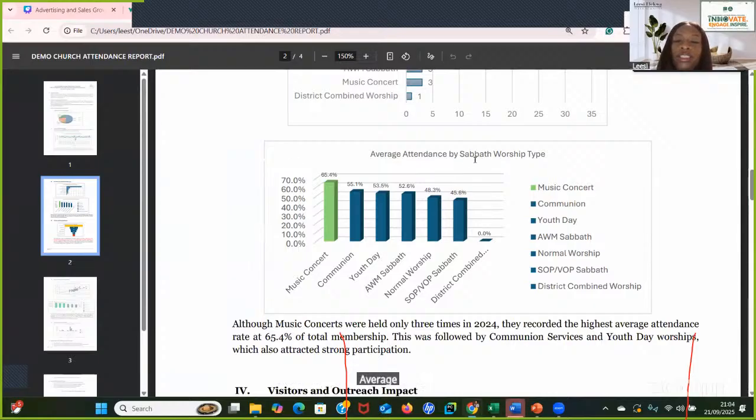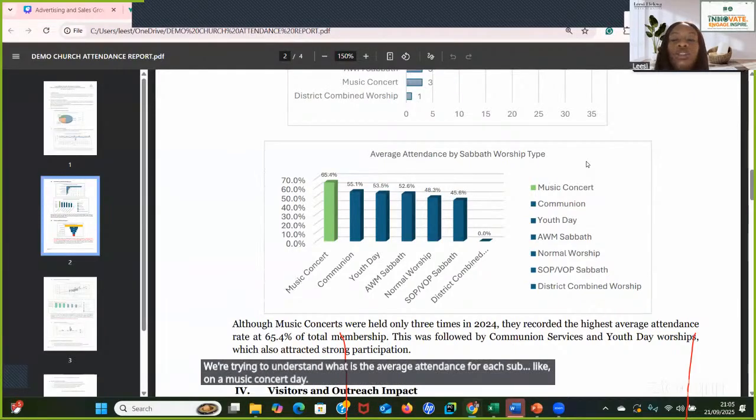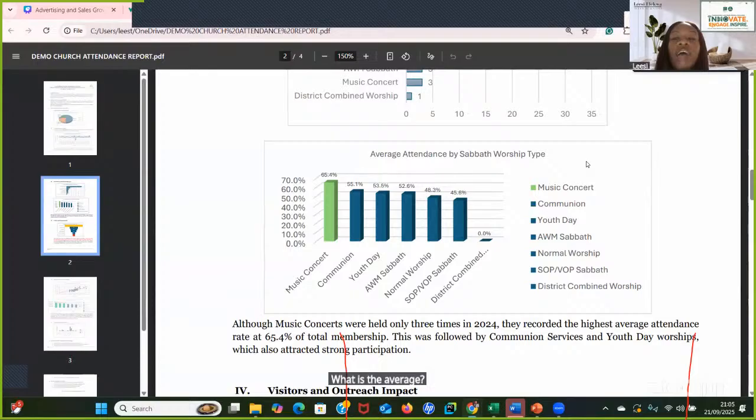Average attendance by Sabbath worship type. This insight is trying to help us understand what the average attendance is for each Sabbath, like on a music concert day. What is the average attendance on a music concert day? What is the average attendance on a Holy Communion day?